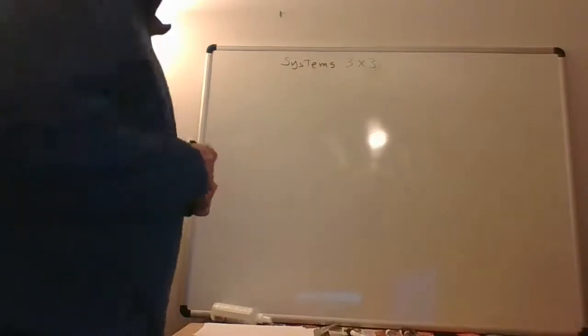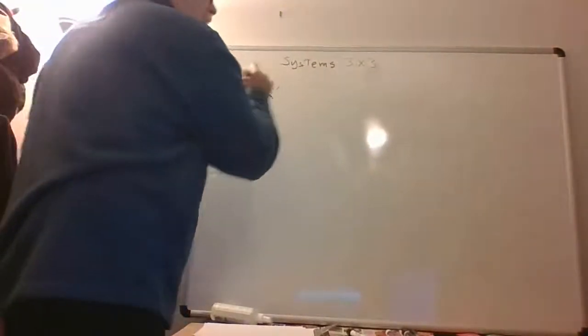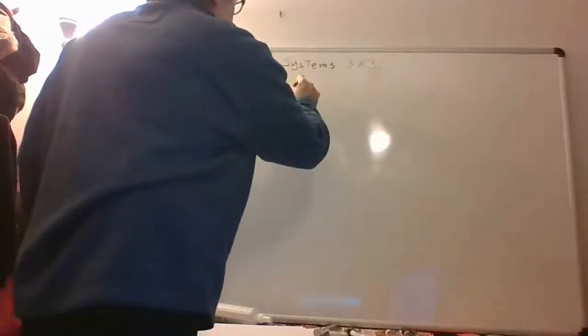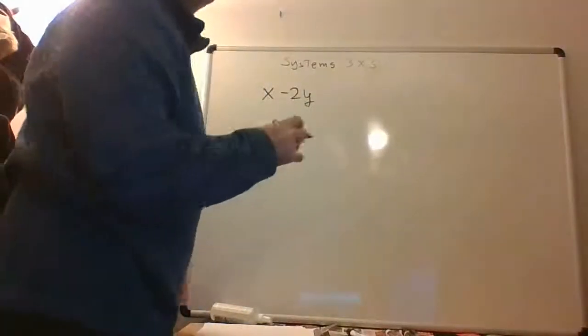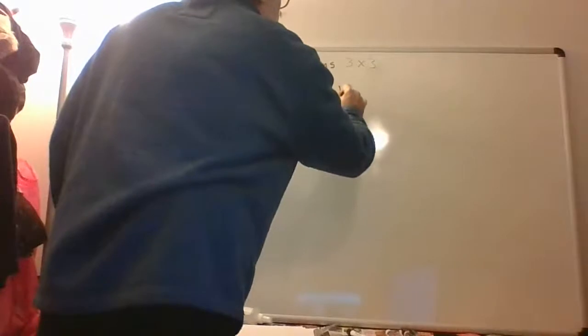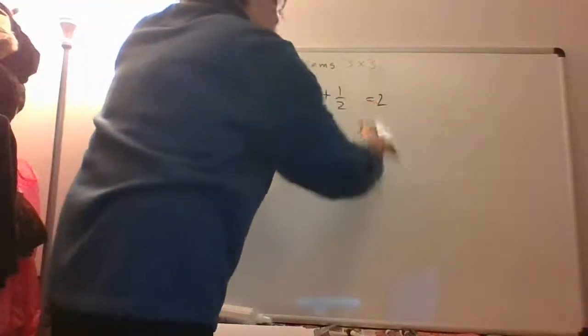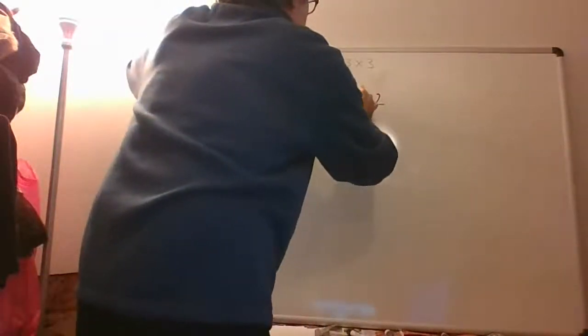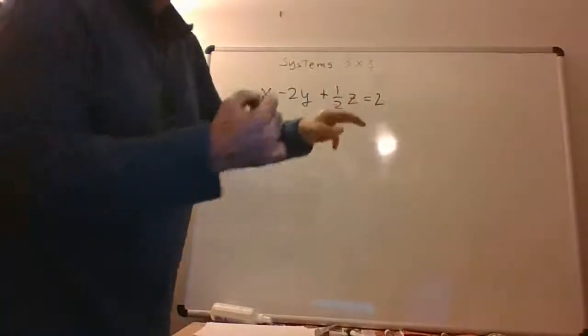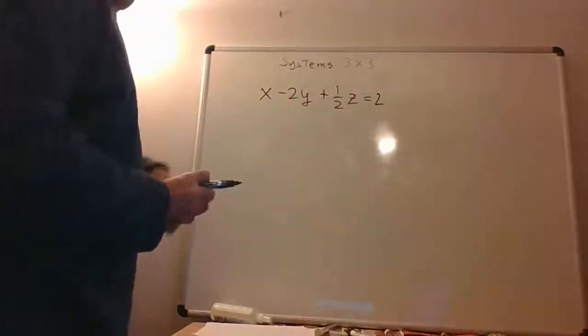So the first equation is x minus 2y plus 1/2 of z, and that is equal to 2. I hope I wrote this nicely. I'm going to make this z look slightly better. I make a z with a bar in the middle so you can make a distinction.